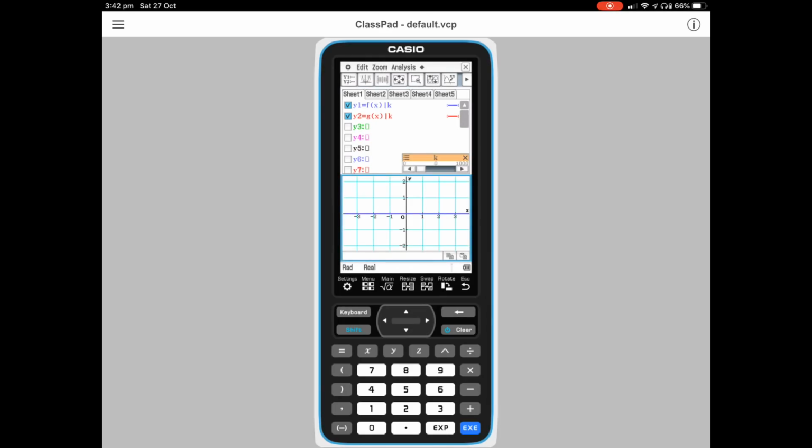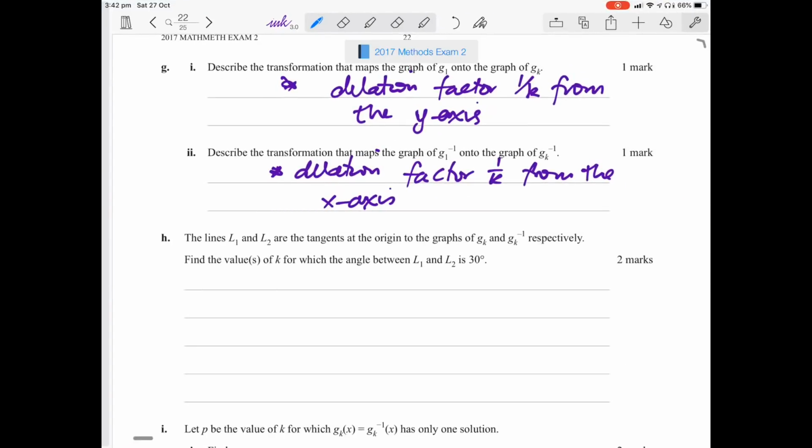So we know k has to be positive, so we can draw their tangents at the origin. So there's one, and then over to the other one. L1 and L2 are the tangents at the origin.